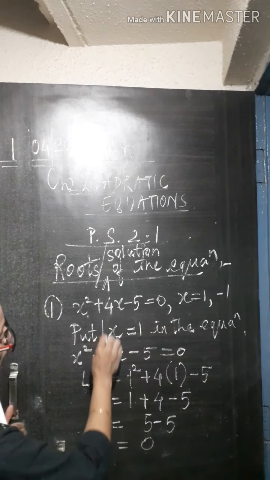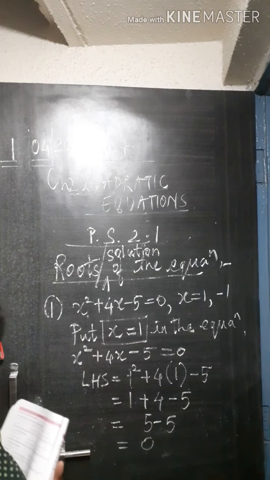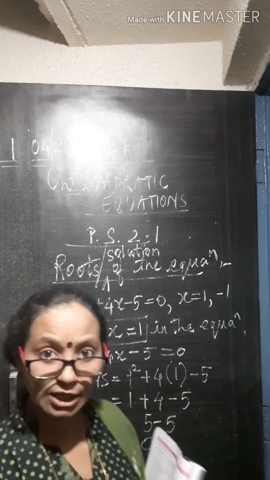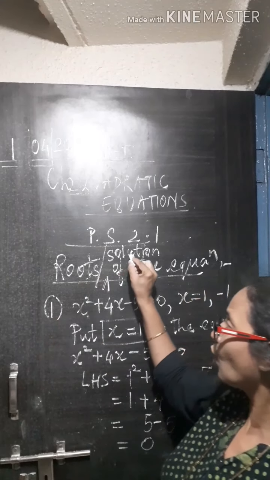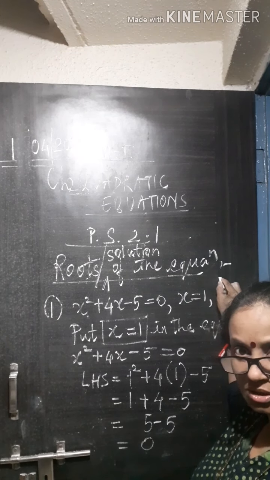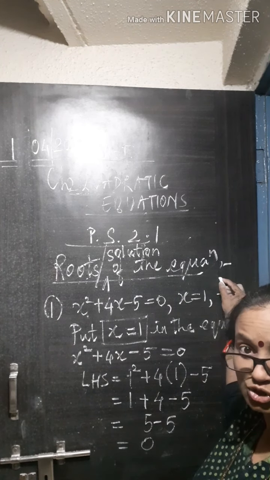That means this value x is equal to 1 has satisfied the equation. So what do we call this value? We call it the root or the solution of the equation. Do you understand what we mean by root or the solution of the equation?